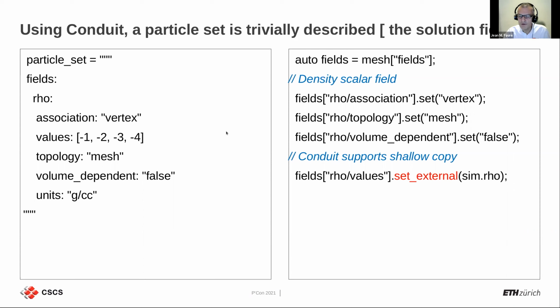For the real code, using the fields string key for my Conduit node, I would set my density scalar field to be called rho. And again, I would give a shallow copy. I would give the address of the pointer in memory, in the memory space of my simulation, as a shallow copy for the values array. And that's all there is to it.